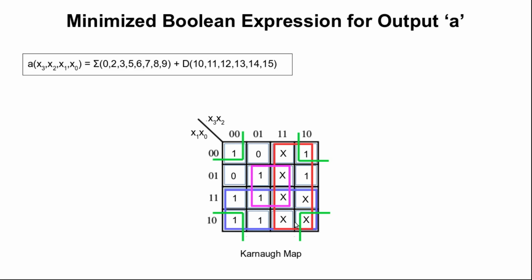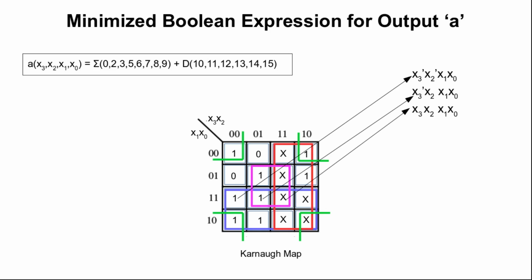Next, that's all the ones covered. So now I can proceed to find the product term for each of the groups. Let me show how we can compute the product term for this blue colored group. This blue colored group consists of 8 cells, and the first cell corresponds to the minterm x3 prime, x2 prime, x1, x0. The next cell corresponds to the minterm x3 prime, x2, x1, x0.